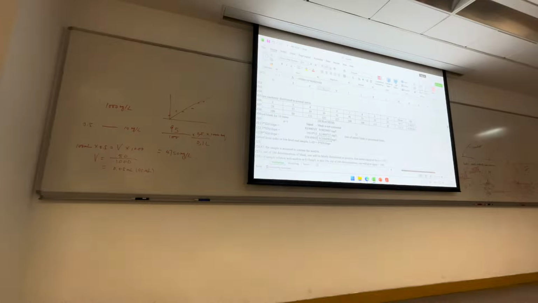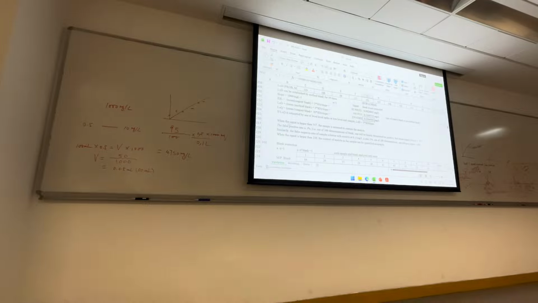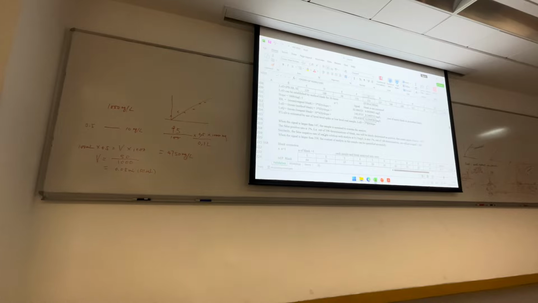How to interpret this data? That means when the signal is larger than 147, the sample is assumed to contain the analyte, okay? The false positive rate is 1%. That means out of 100 determinations of the blank, 1 will be falsely determined as positive, because 1%.